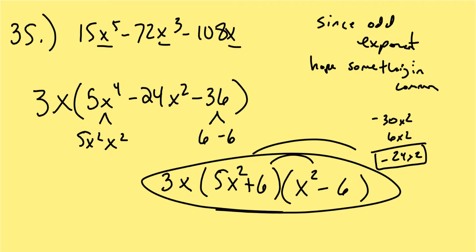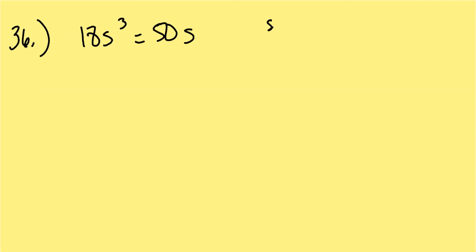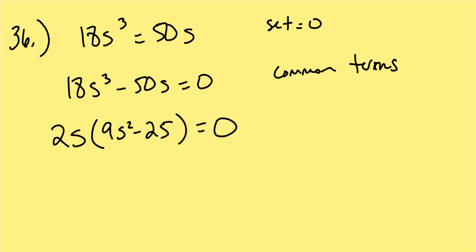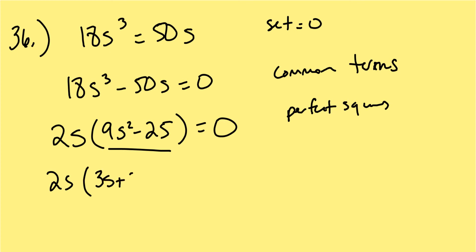So that's it. 36, I'm going to set it equal to 0. Now I'm going to take out something in common. Perfect squares. So I have 2s, 3s plus 5, 3s minus 5.